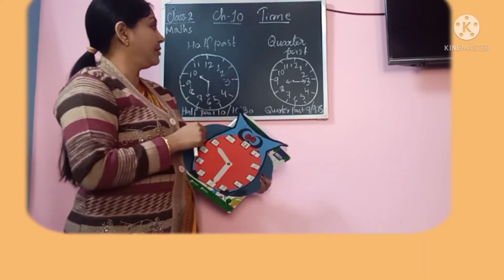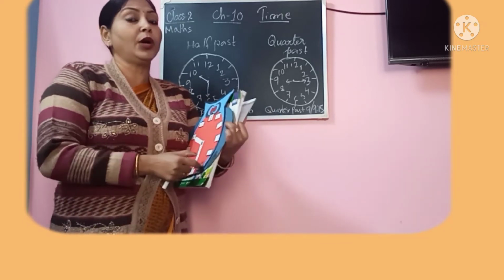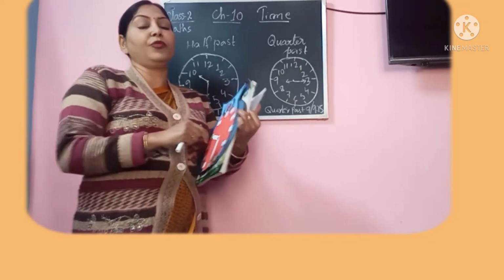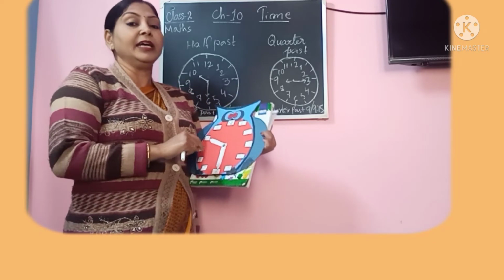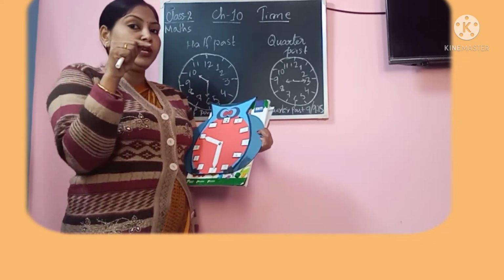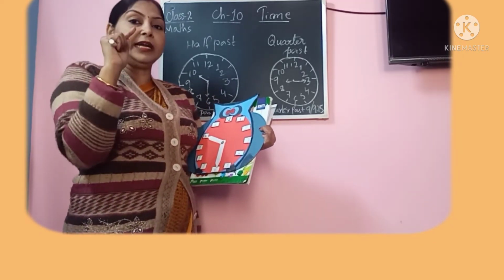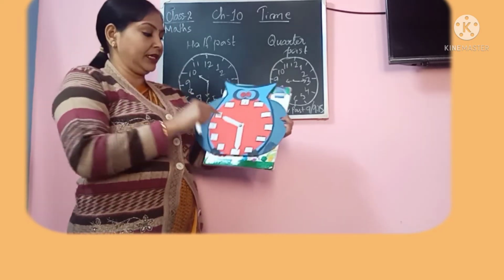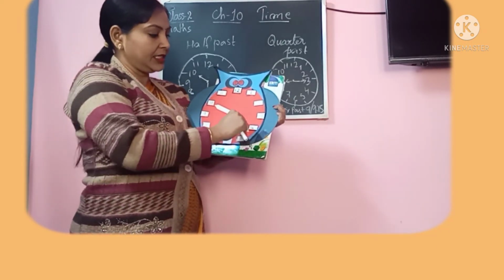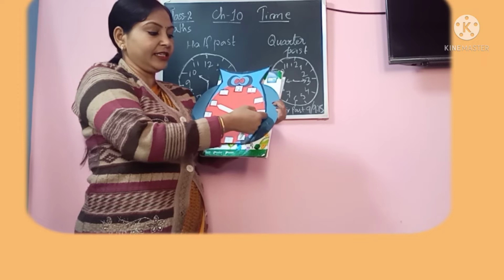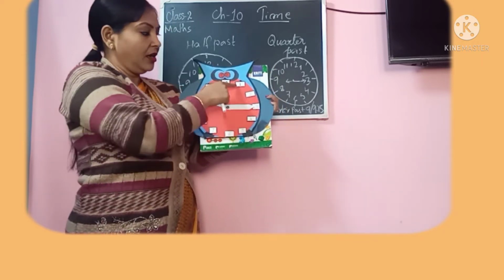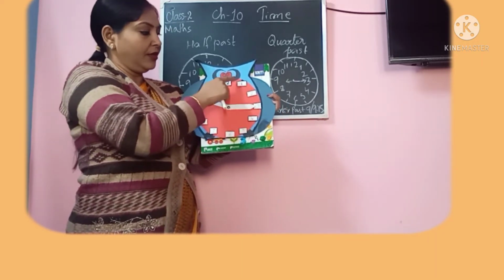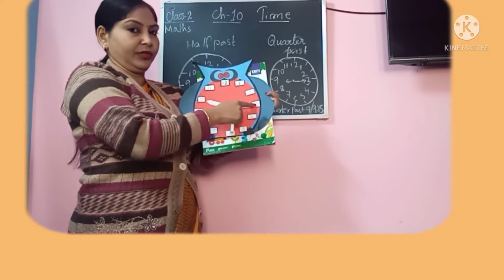Today we will be learning about another concept, that is quarter past. What is the meaning of quarter? Quarter means 15 minutes. When the minute hand covers 15 minutes, where does it come? 5 ones are 5, 5 twos are 10, 5 threes are 15.